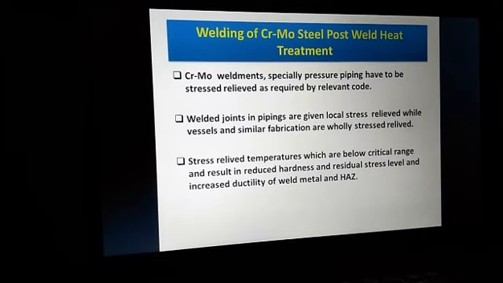Stress relief temperatures are below the critical range and result in reduced hardness and residual stress level and increased ductility of weld metal and heat affected zones.